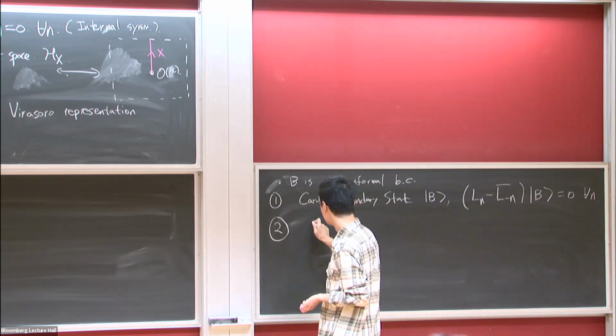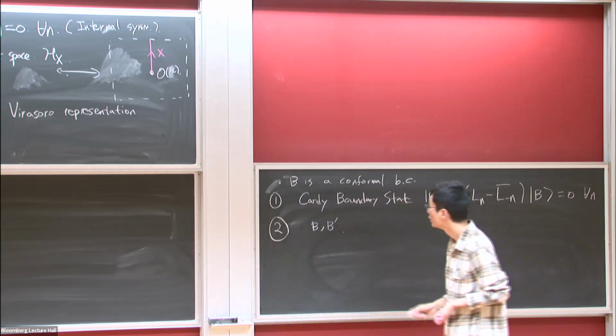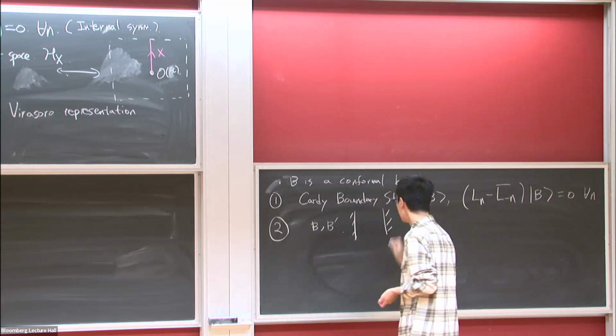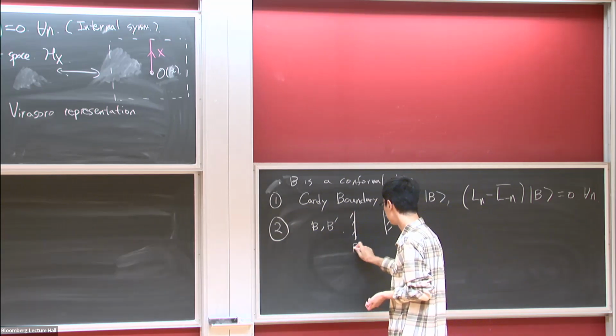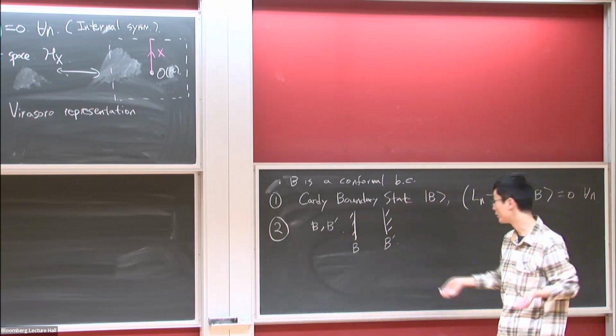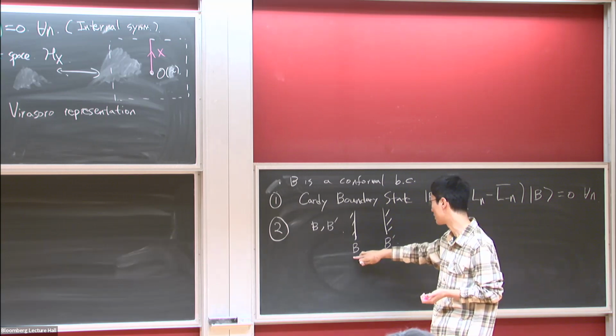And then when you have a pair of boundary conditions B and B prime, you can associate a Hilbert space. This is the interval space, with your theory, where at two ends of the interval you impose conformal boundary conditions B and B prime.